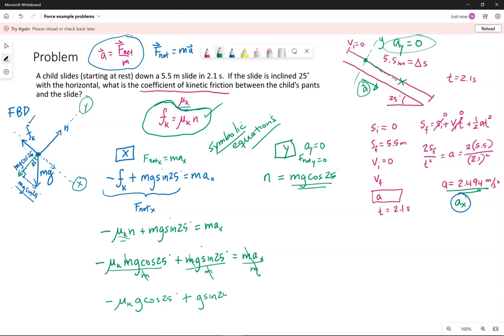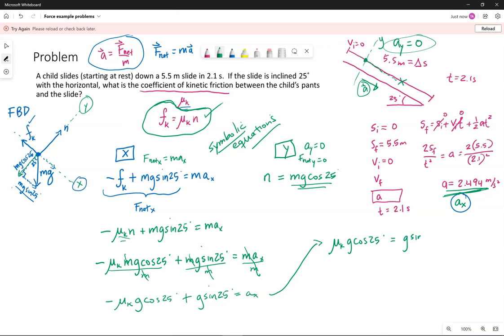So this is another reason why it's nice to go ahead and just write things out symbolically, not worrying about the numbers you've been given yet. So here we know this acceleration in the x direction. That's what we calculated originally. We know g, and so our only unknown is that mu. So I'm going to bring the mu g cosine 25 to the other side just to make it positive.